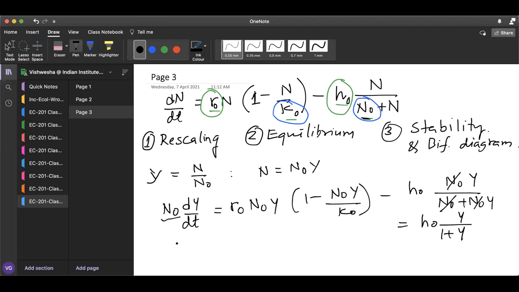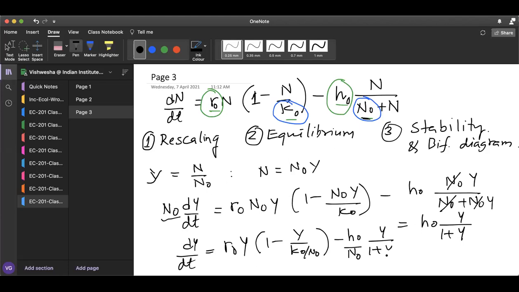So we get dy by dt is equal to, this n0 goes, 1 minus y divided by something. Is that fine? This is what we have now, a simplified equation.